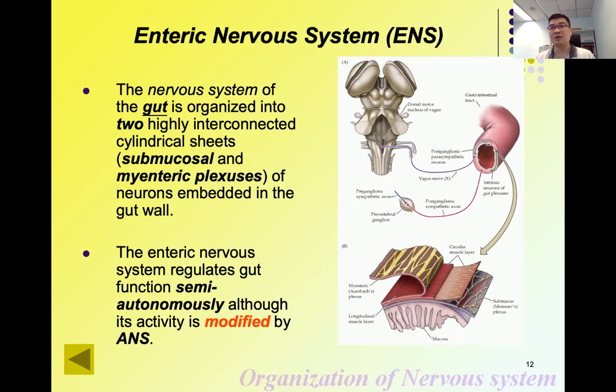But sometimes if you're nervous, you can also sweat. Okay, those are some examples. That's the reason why the central nervous system, the autonomic nervous system and the enteric nervous system are not individual, isolated. They are connected together to mediate different functions. Okay.